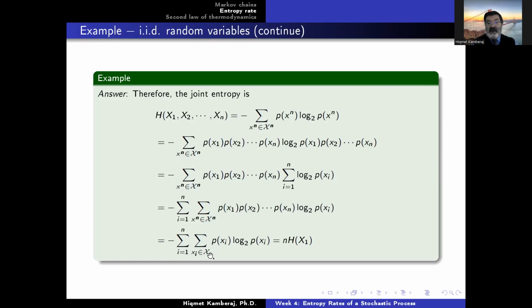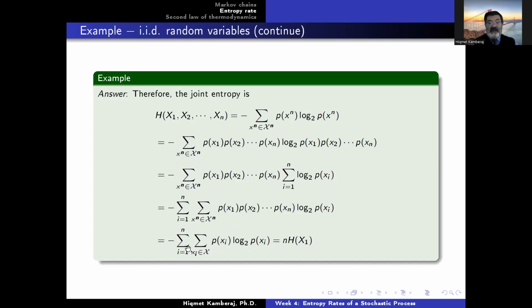Now, in the first sum, if I sum over all x1 up to xi minus 1 and xi plus 1 up to xn, all of this joint probability mass function, then this will give me the marginal with respect to xi, based on the properties of statistics. Then I'm left, from the term before the log with base 2, with just p of xi, then log with base 2 of p of xi as it is. Then I obtain the last line.